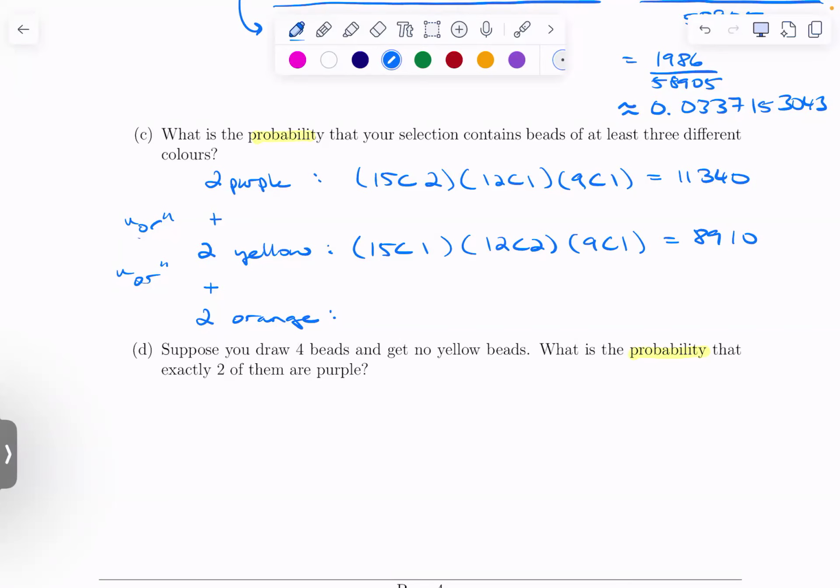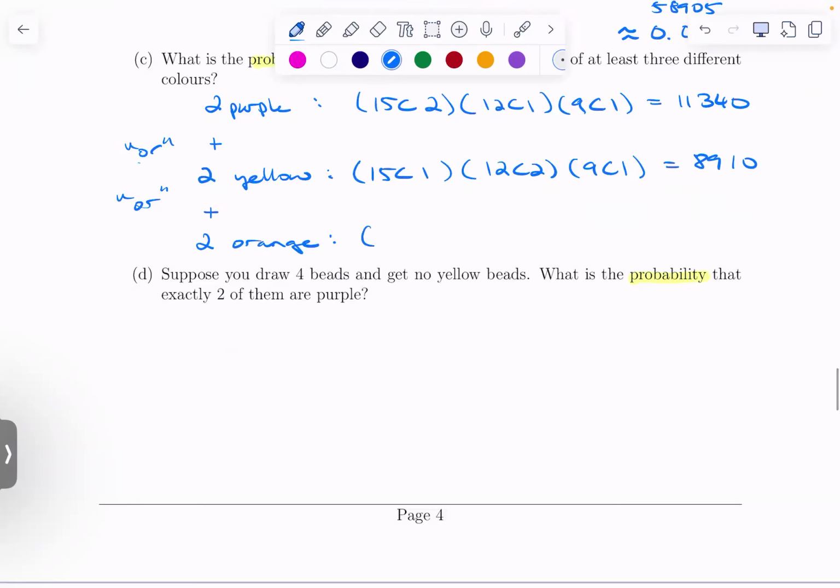This is where the spacing got a little bad, didn't it? 2 orange means 15 choose 1 for 1 purple, 12 choose 1 for yellow, and 9 choose 2 for 2 orange, 6,480.